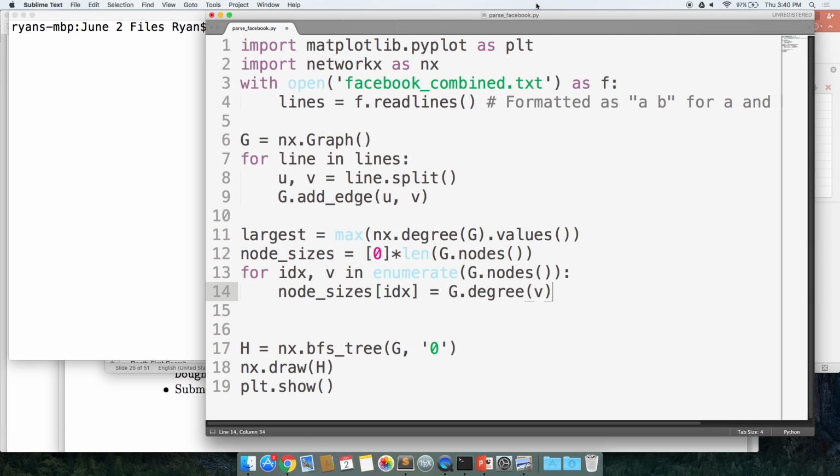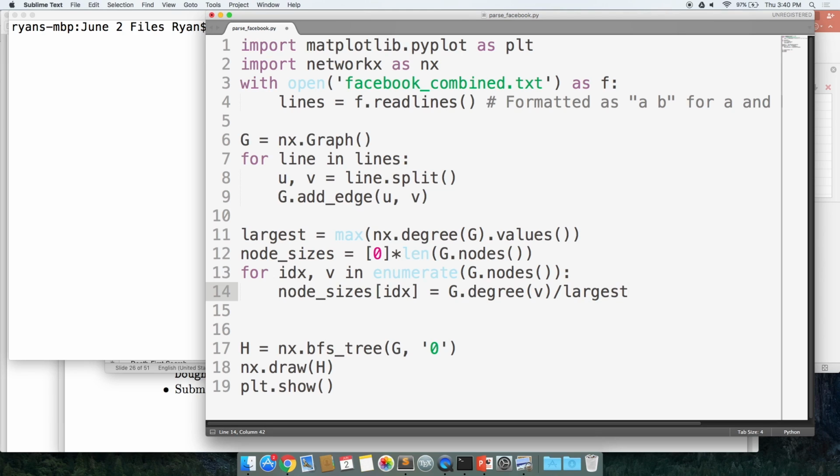So how do I normalize? Let's say the largest one is 4,000, and v's degree is 100. How do I normalize that? I want it to be a number between 0 and 1. Divide by the largest, yeah.